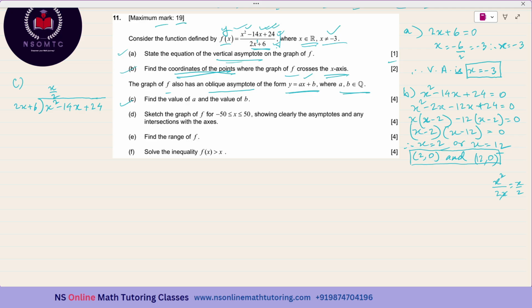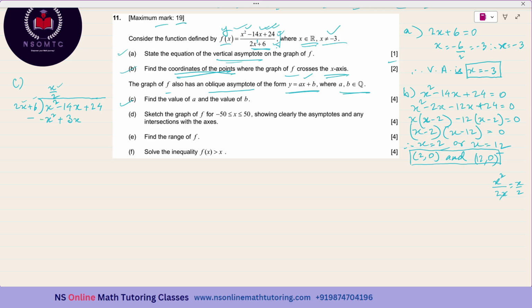I will be multiplying x over 2 with every term of the divisor and writing the products under the like terms. So x over 2 times 2x is x square. x over 2 times 6 is 3x. And I have to subtract.